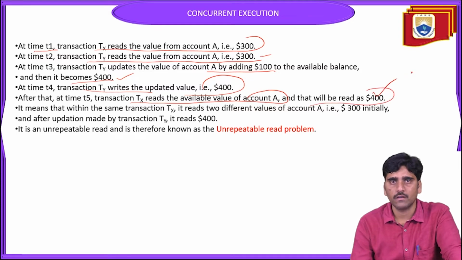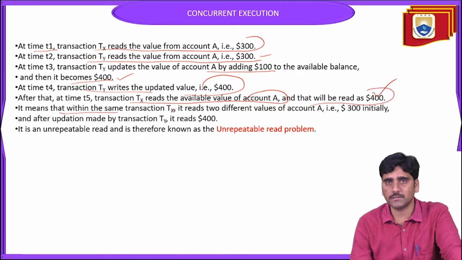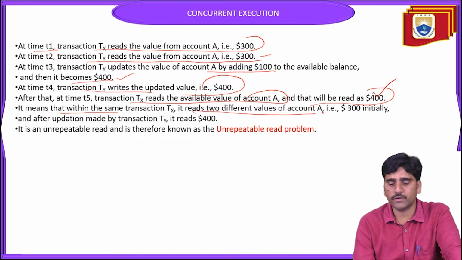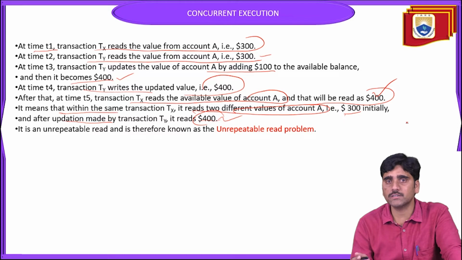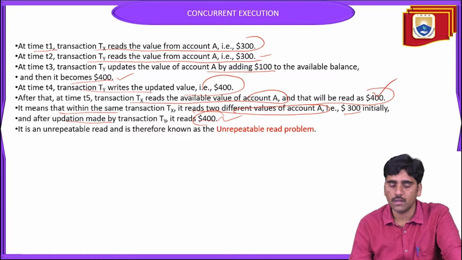It means that within the same transaction, it reads two different values from account A: 300 initially, and after the update made by transaction TY, it reads 400. So it reads two different values, one is 300 and the second one is 400.